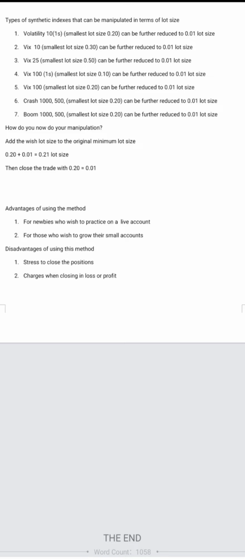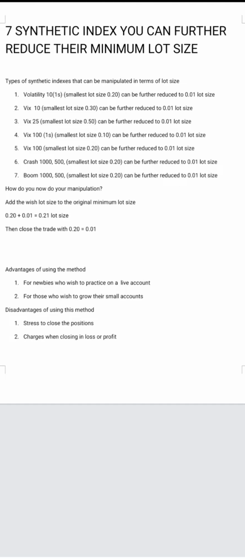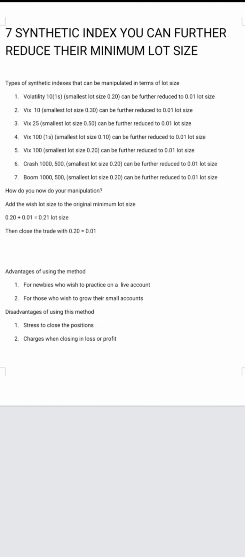So I call it manipulation. Add the wished lot size to the original minimum lot size. That is the formula to do that. The original minimum lot size for this Volatility 10 that we are seeing here is 0.20. And the wished lot size, let's assume I want to trade with 0.01.